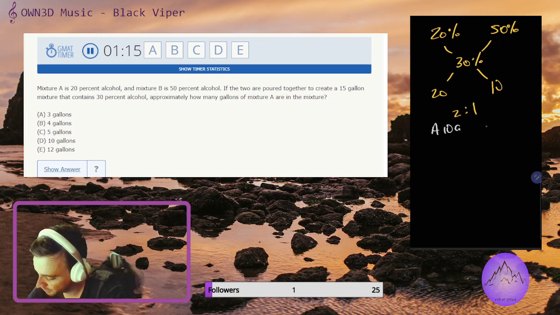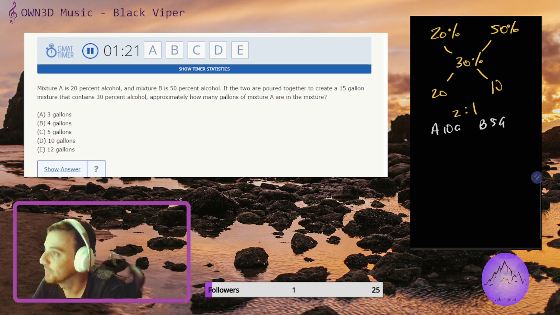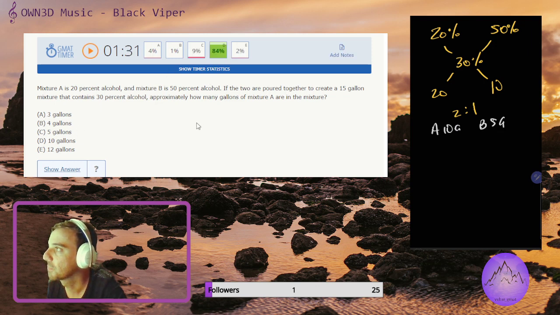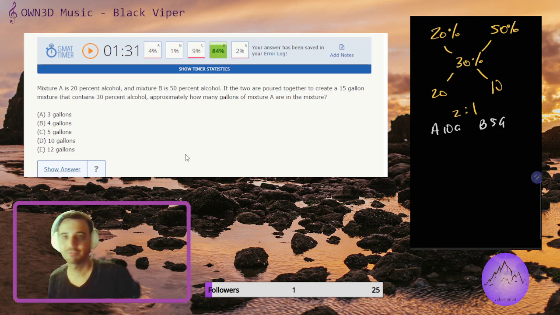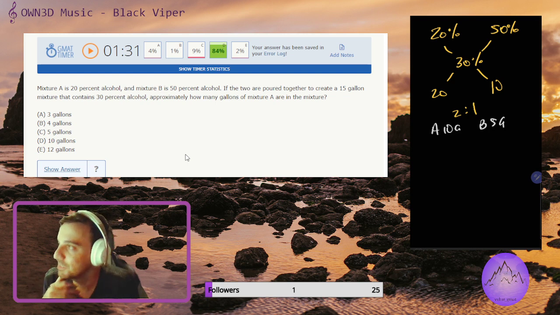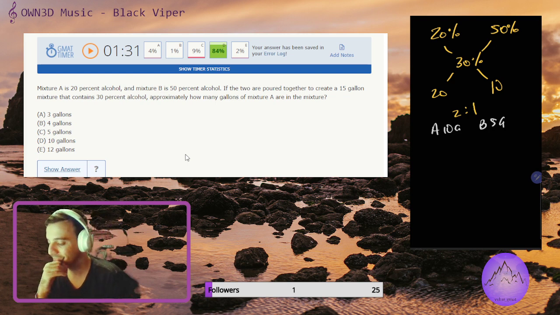I don't know if a capital G is the symbol for gallons, actually. And B would be 5 gallons to make up the 15. So how many gallons of mixture A are in the mixture? I think it's going to be 10, so D. Nice.